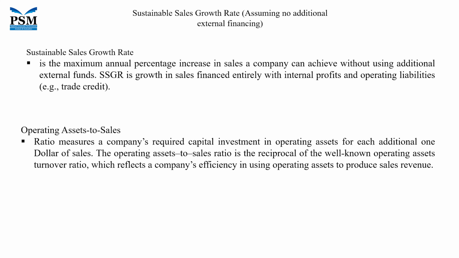Now, investments in assets require funding, and funding comes from internal sources of the company, that is the retained earnings and trade payables, or external funding. Sustainable sales growth rate assumes that the company utilizes only internal sources available.